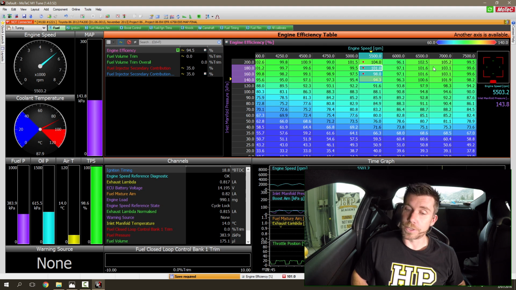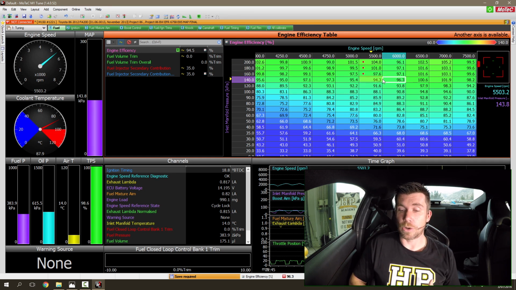So in this case, what we can do is highlight between the cells we have tuned, and using the interpolate function, which is the I key here, we just simply fill the 160 kPa zone with the value halfway between the two sites we have tuned. Now, this might not be absolutely perfect, but it's going to be very, very close, and it's a quick way of helping fill in our fuel and ignition tables in areas that we haven't tuned.